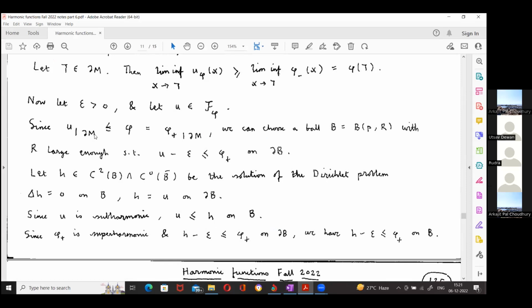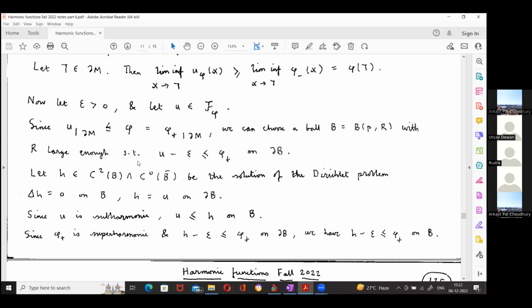Then u restricted to boundary M is less than or equal to phi, which is the same as phi plus restricted to boundary M. That means that u minus phi plus is less than or equal to 0 on boundary M. Therefore, by continuity, if you take an R large enough, then u minus phi plus is less than or equal to epsilon on the boundary of this large ball. So in other words, u minus epsilon is less than or equal to phi plus on the boundary of the ball B.